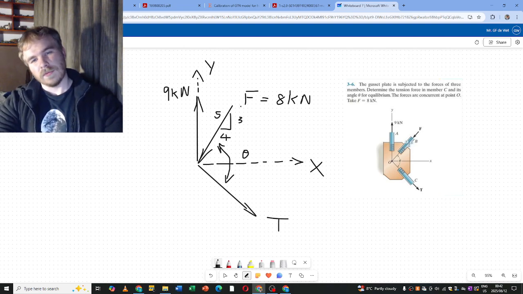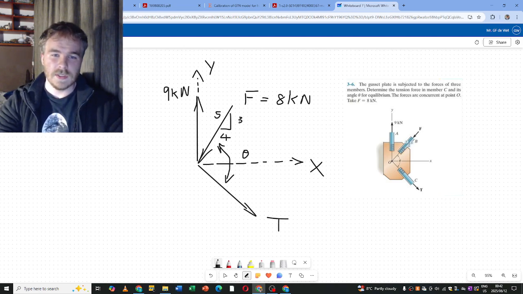Okay, we'll do it in components. I won't go through the vectors, so we'll split it into components, because they say it needs to be in equilibrium.